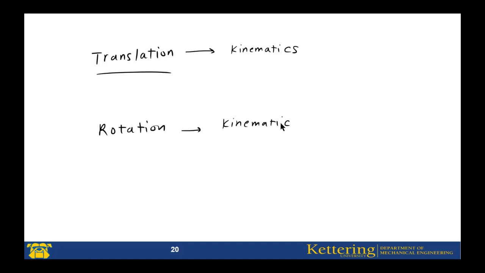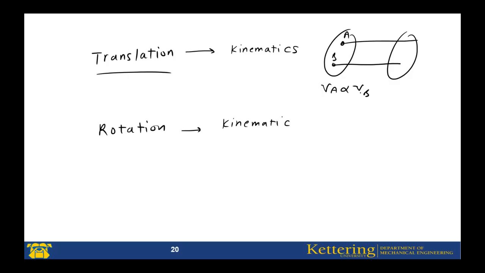What I want to do, for example, for a rigid body that has a translation motion, is relate the velocity of any point inside of this body together.